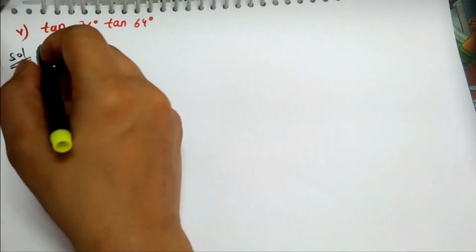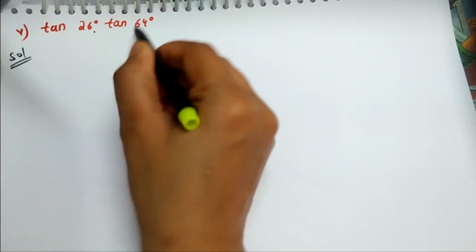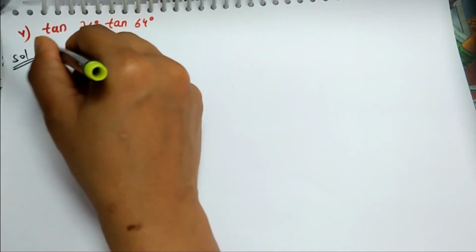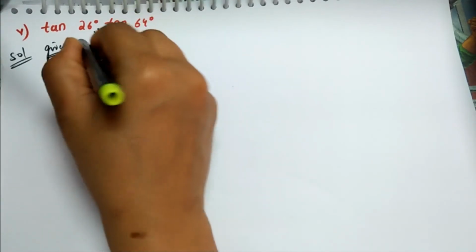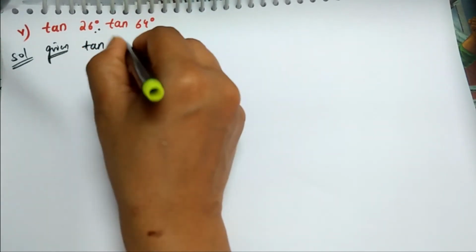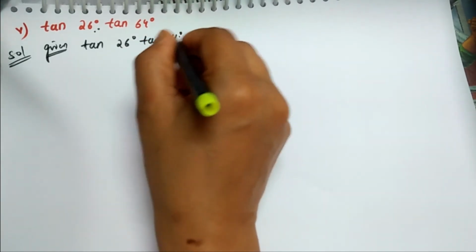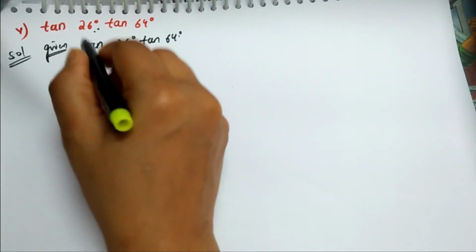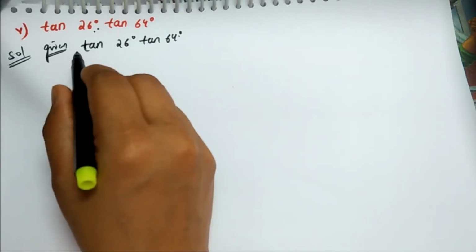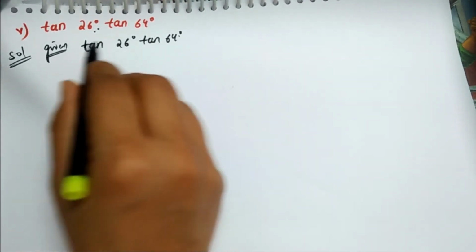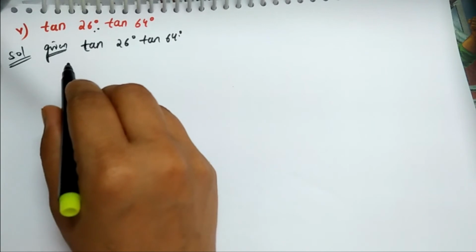Okay, the evaluation last bit: tan 26 degrees into tan 64 degrees. The first thing we do in every problem is write down the given. Generally in previous problems, they gave different terms, like tan and cot, cosecant and secant, sine and cos.